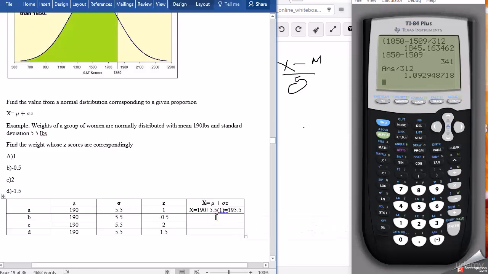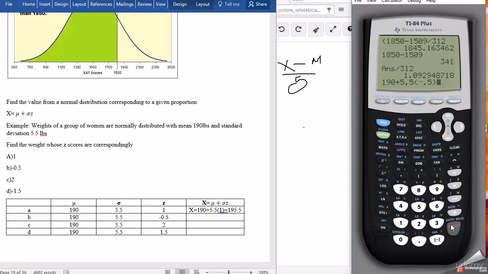Okay, now for the second one, the z-score is negative 0.5. Let's do that using the calculator. So we're going to have the mean is 190 plus the standard deviation, 5.5, then parentheses, the z-score is negative 0.5.